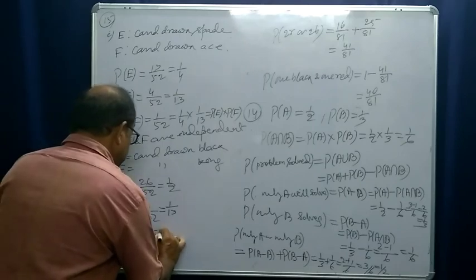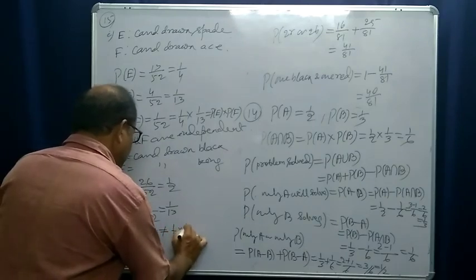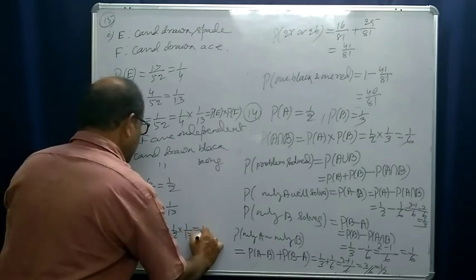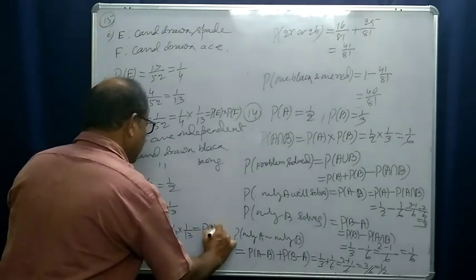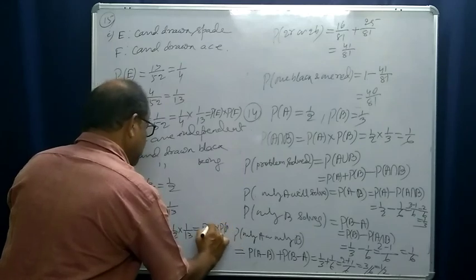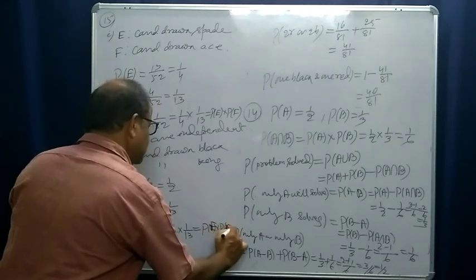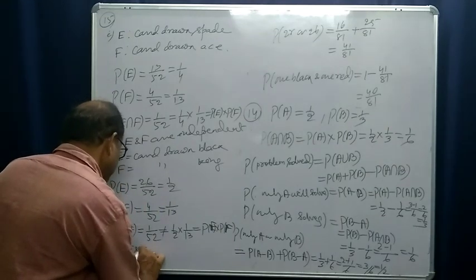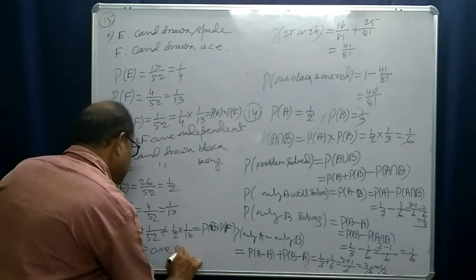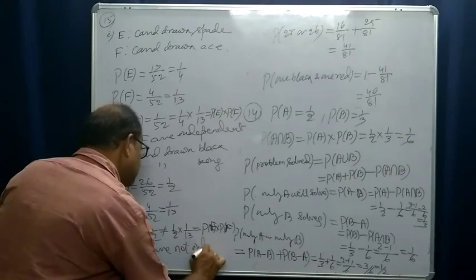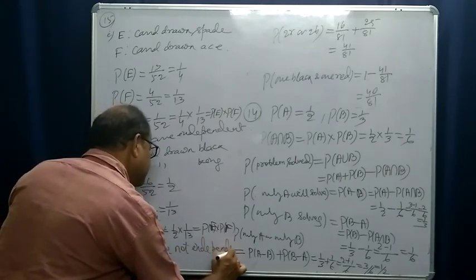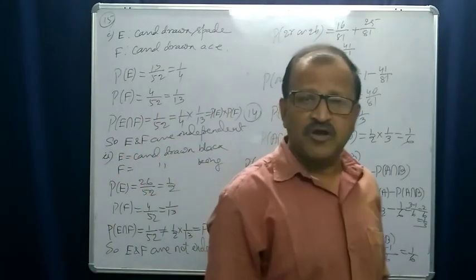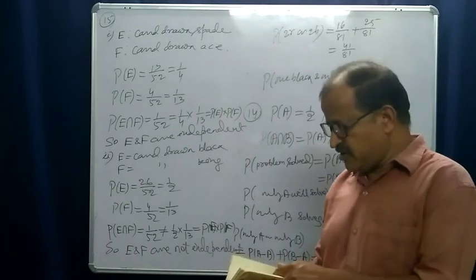You see, this is not equal to 1 by 2 into 1 by 13, that is not equal to probability of E into probability of F. So E and F are not independent, because probability of E intersection F is not equal to probability of E into probability of F.